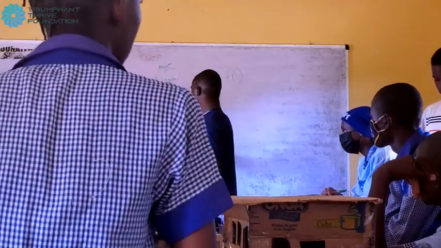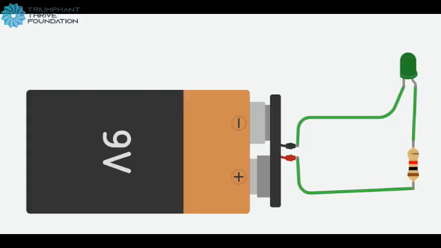So this is the positive and this is the negative of our LED, and this is our battery. Anytime we want this light to come up, we touch this positive to the point. Once the circuit is completed, the light will come on.